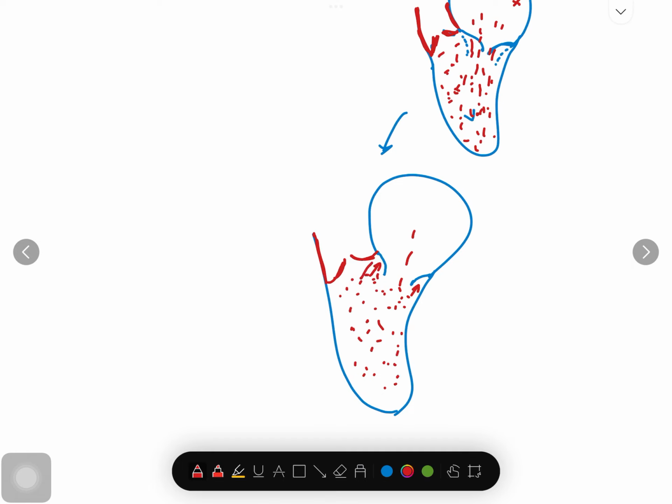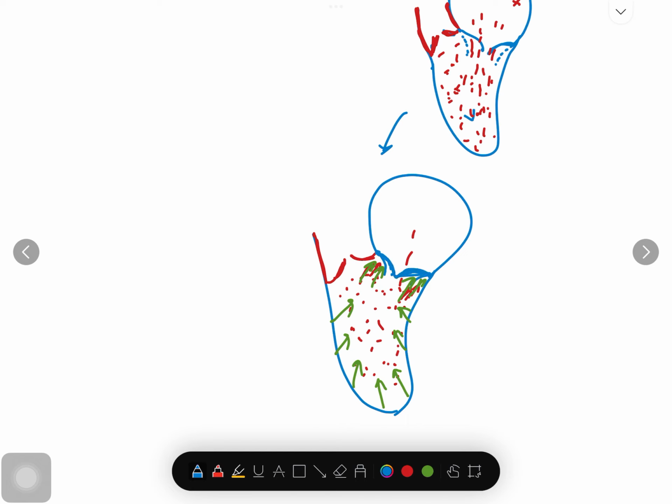So what does this blood do? This whole blood which is present here starts putting pressure on the valves. So this leads to closure of the valve.